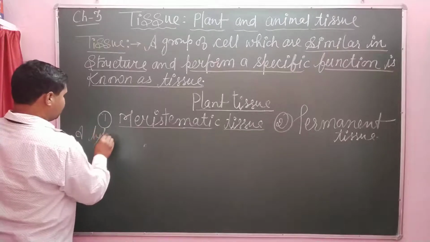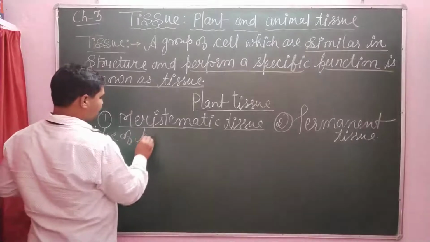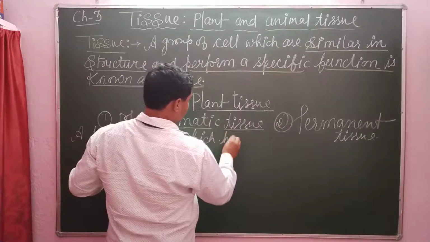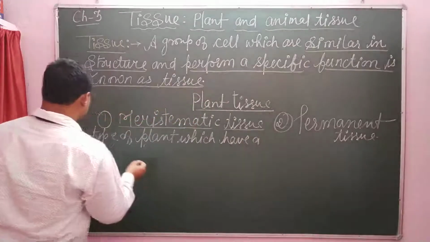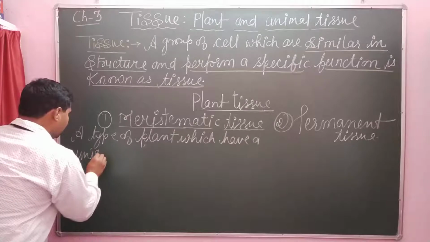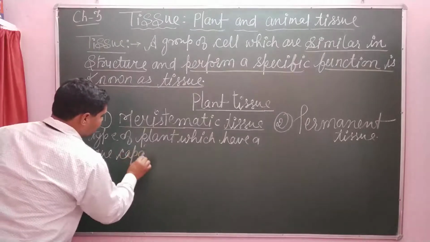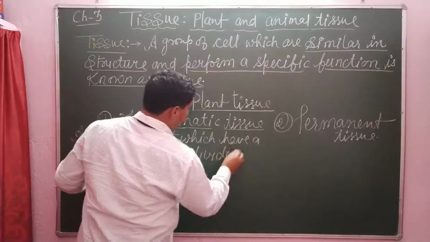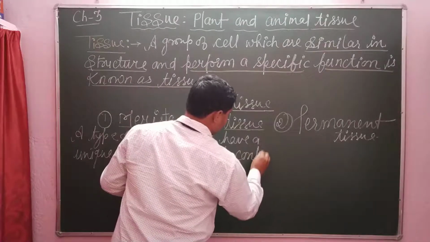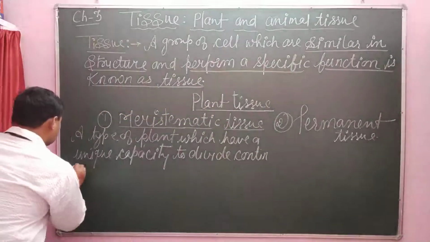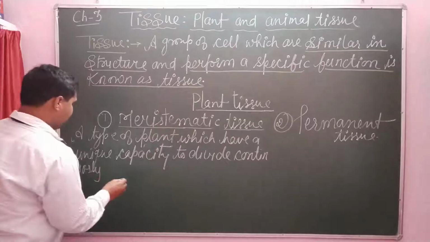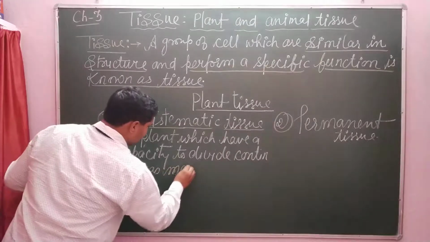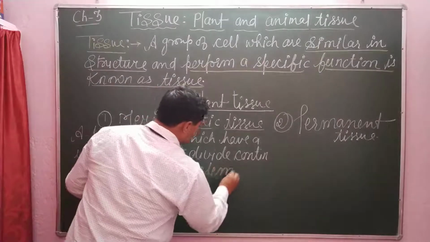A type of plant tissue which have a unique capacity to divide continuously is known as meristematic tissue.